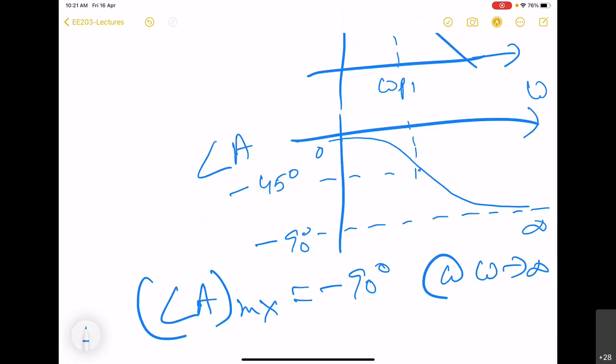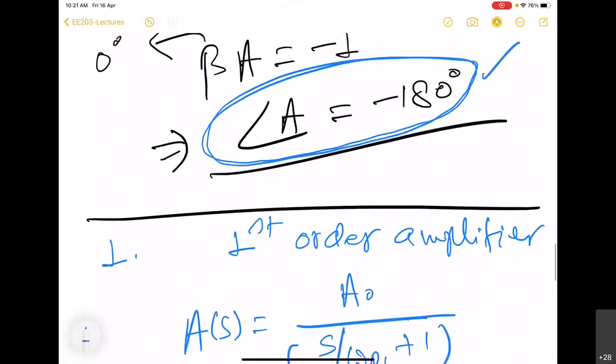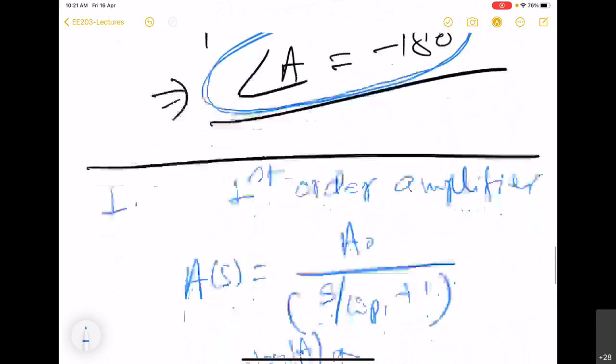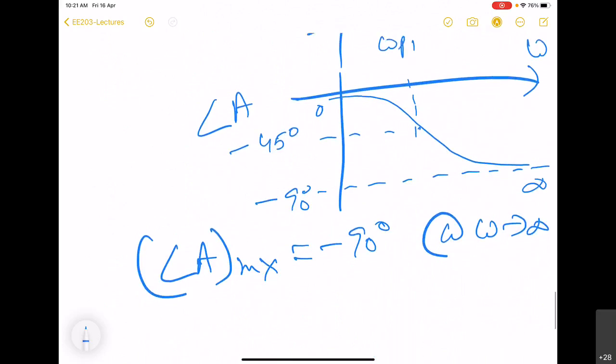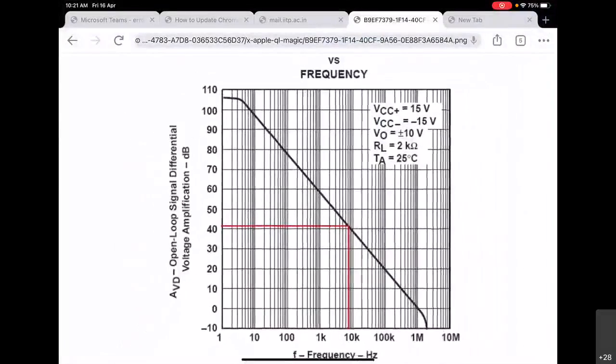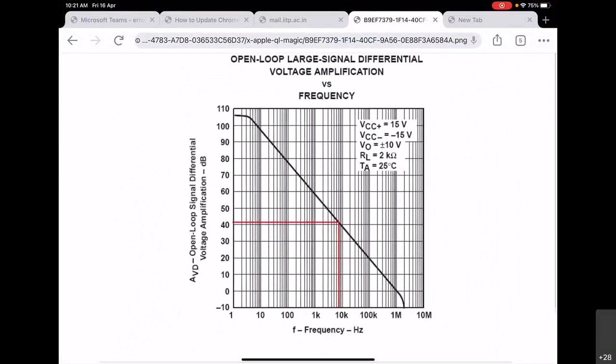That means if you put a first order amplifier in a negative feedback with beta real, it will never oscillate. It will always lead to a very stable system. And this is the reason why, if you see the frequency response of 741, it has a first order response. So here is a frequency response of LM741, the most popular amplifier that we use in our lab. Here you can see we have the x-axis, and the y-axis is the magnitude of the open loop transfer function.